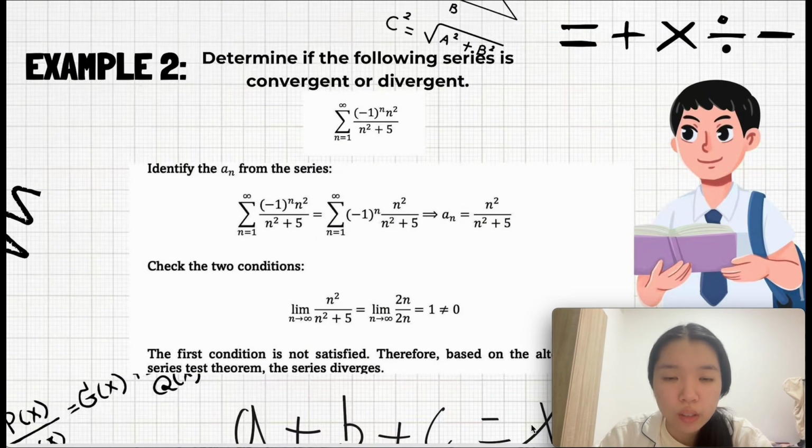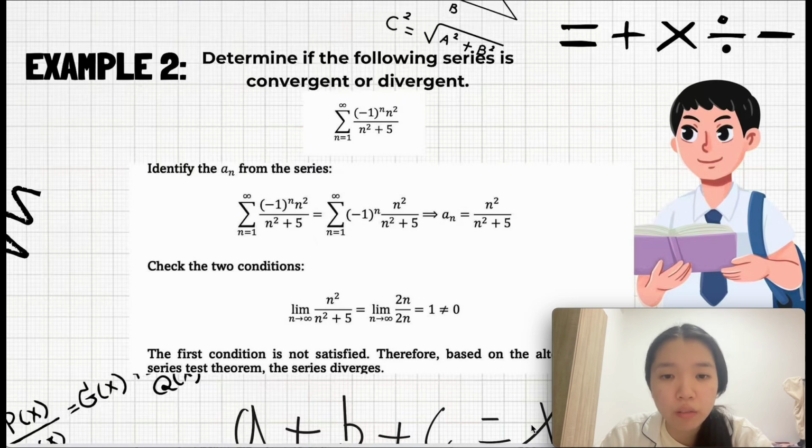Example 2. The sum from n equals 1 to infinity of (-1)^n times n squared over n squared plus 5. First, we take out the positive part, so a_n equals n squared over n squared plus 5. For the alternating series test, the first rule is checking the limit.